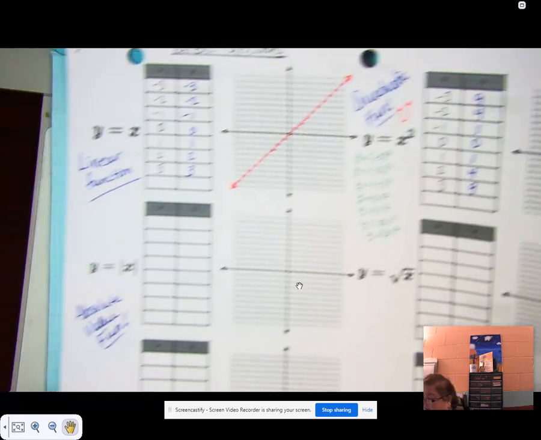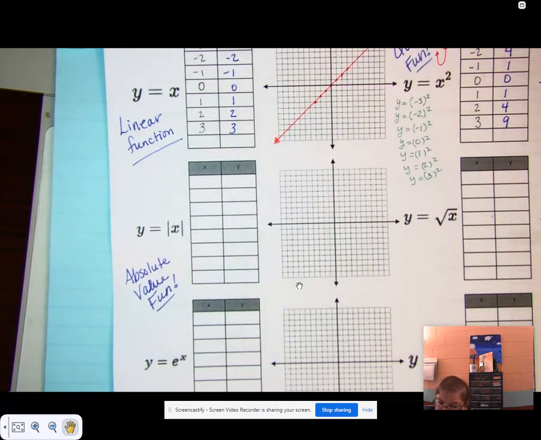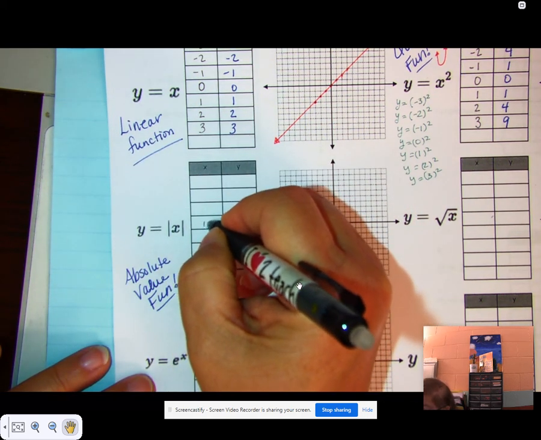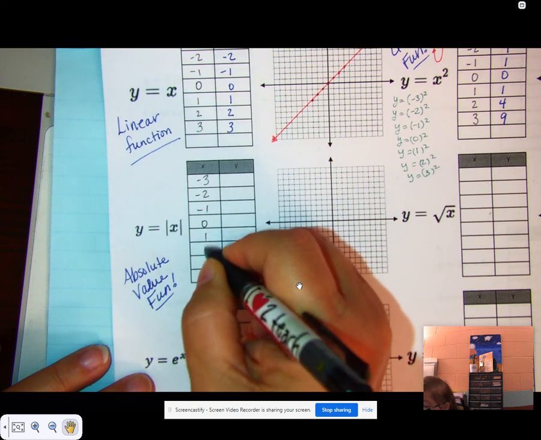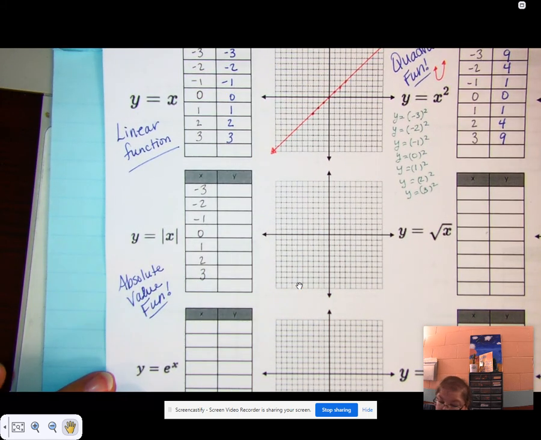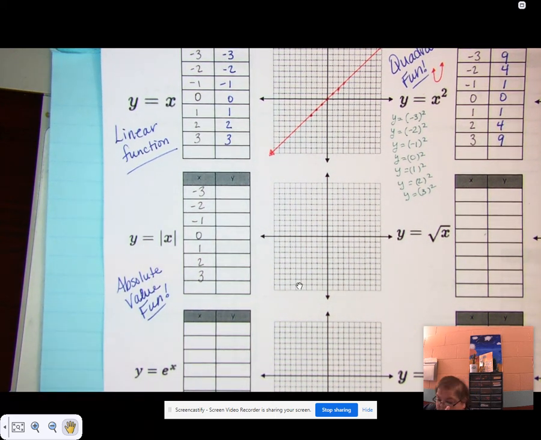Absolute value function. Let's see what it does when we graph it. So, what is my domain? 0 in the middle, negative 1, negative 2, negative 3, positive 1, 2, 3. Remember that the absolute value is distance from 0, so it's always positive.